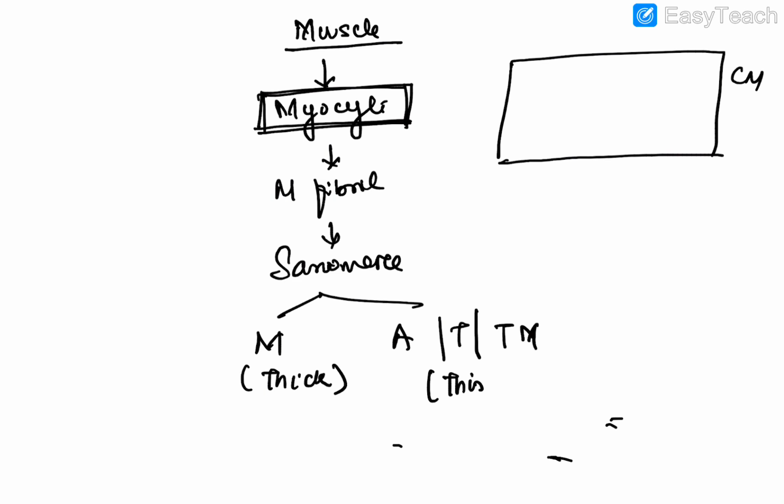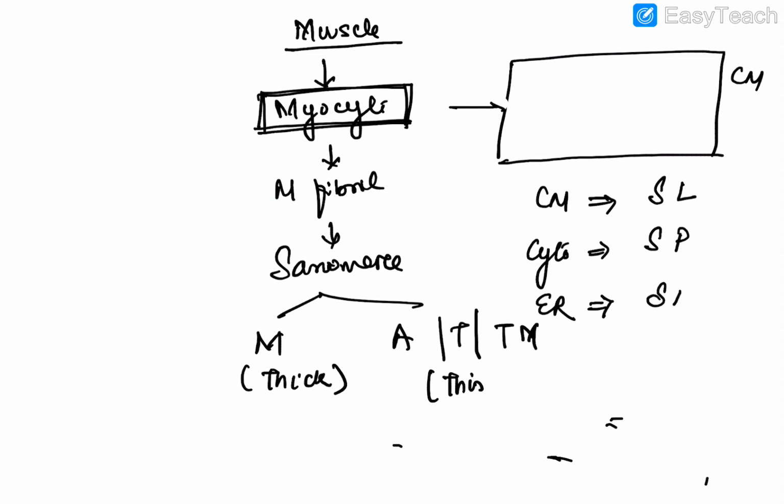The myocyte cell membrane is known as the sarcolemma. The myocyte cytoplasm is the sarcoplasm, and the myocyte endoplasmic reticulum is the sarcoplasmic reticulum.